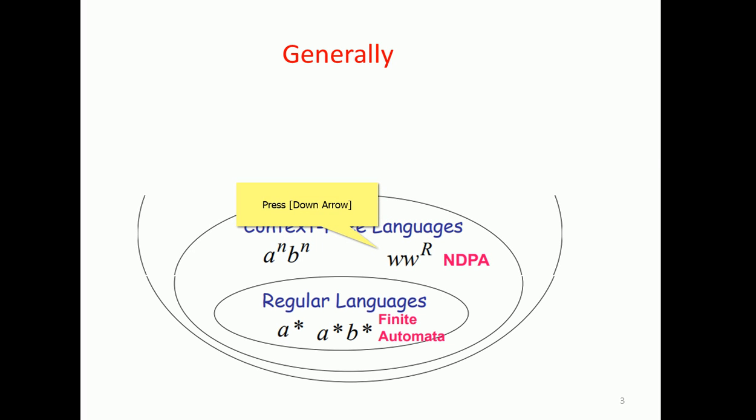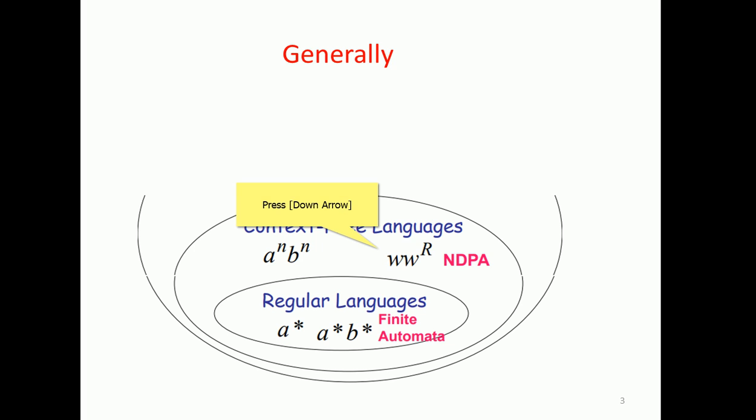The next one is context free languages. The example is a power n b power n. Such languages are context free languages, normally recognized by a non-deterministic pushdown automata. Another example is w w power r, that is, w followed by the reverse of w.